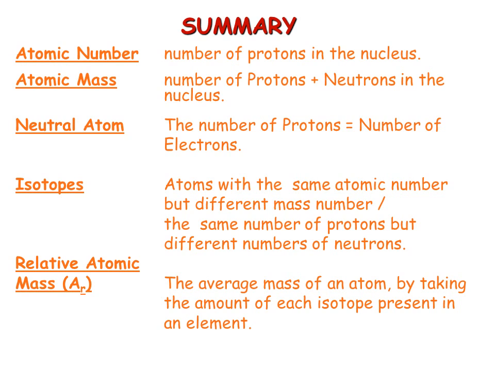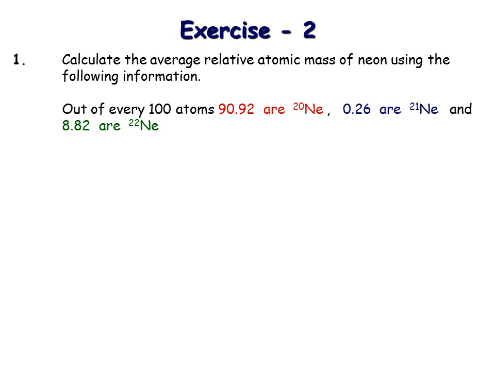Okay, children? Here is another exercise. You have to calculate the average relative atomic mass of neon. Here you have three isotopes: neon-20, neon-21 and neon-22. Their percentage abundances are also given. You just have to calculate the relative atomic mass.